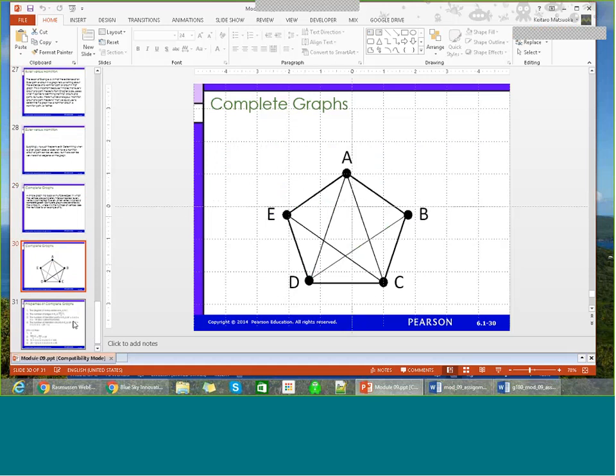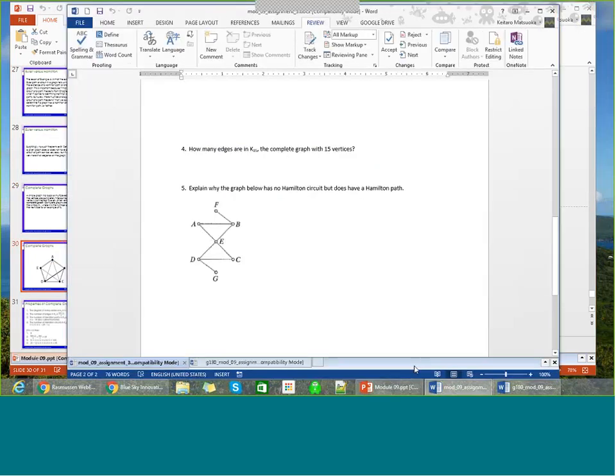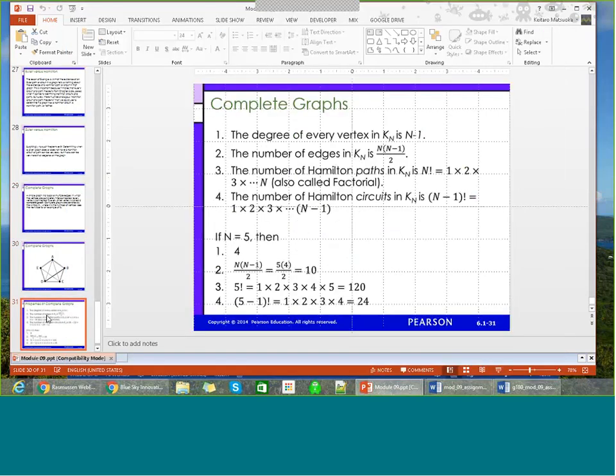Okay. In your assignment, you'll be asked to figure out different properties of a complete graph. And to do so, here are the properties of a complete graph. Those are the questions that could be asked about a complete graph. One is the degree of every vertex. The next one is the number of edges in any complete graph.